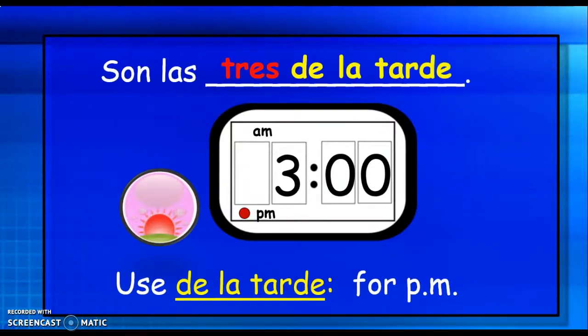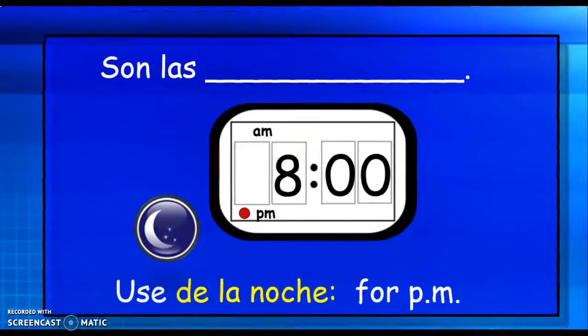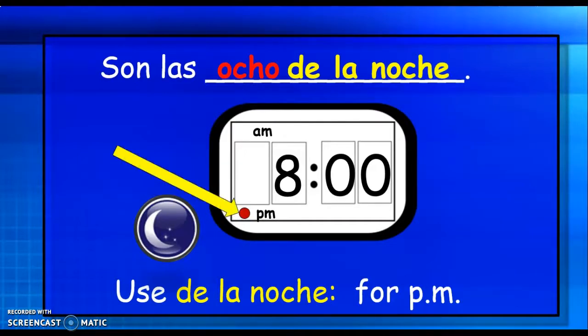De la tarde is the expression for afternoon. At night, you would say son las 8 de la noche. The expression de la noche is what you would use for times that are at night.